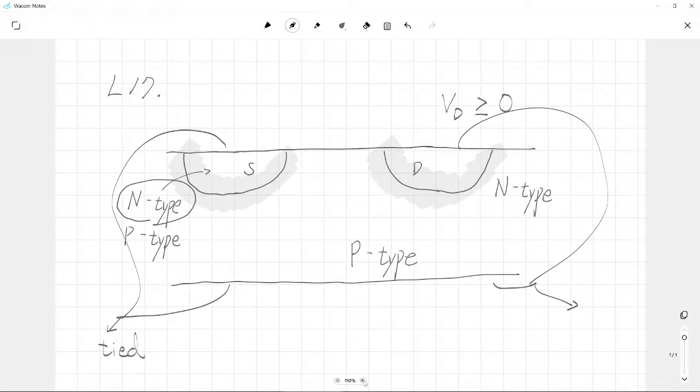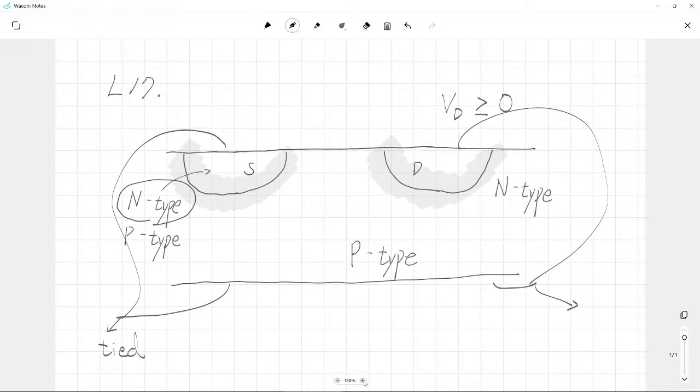That was the reverse saturation current of the p-n junction. So in both cases, for both junctions, the source-substrate junction and the drain-substrate junction, they are either in equilibrium or in reverse bias condition. So we expect that a very small amount of current is allowed through this substrate contact.